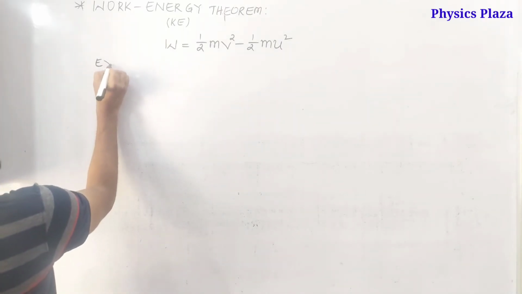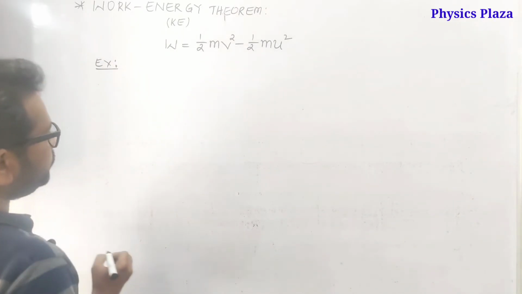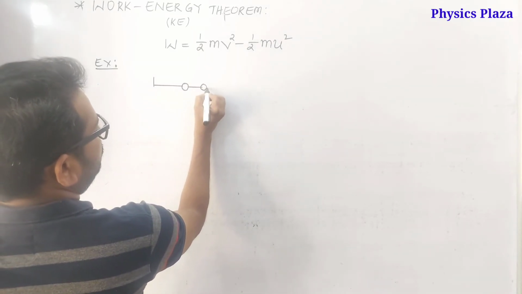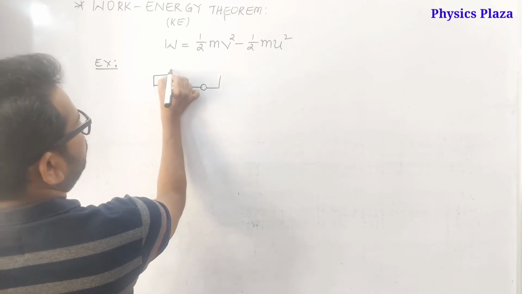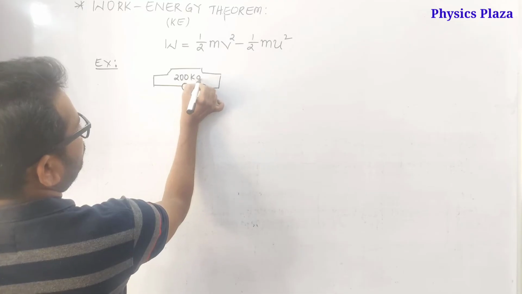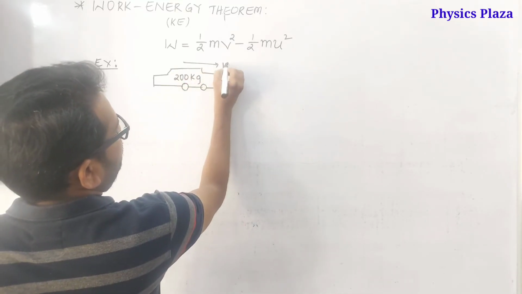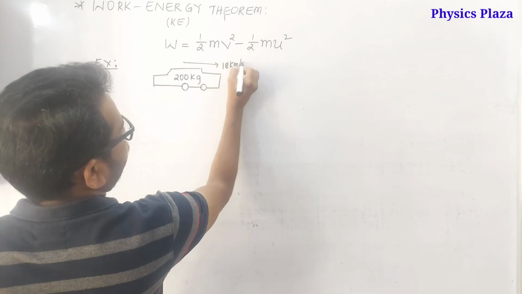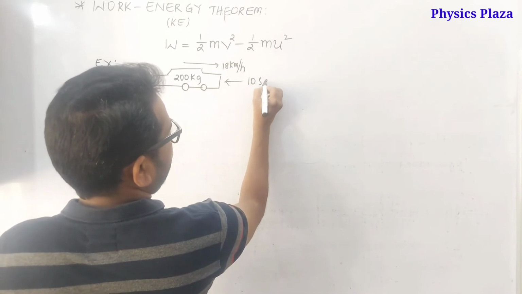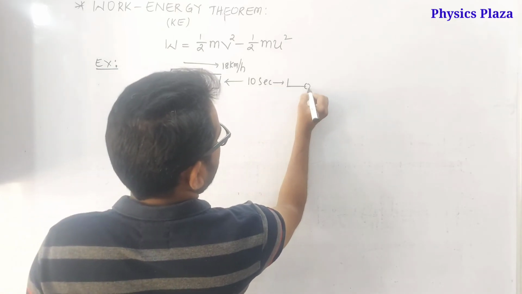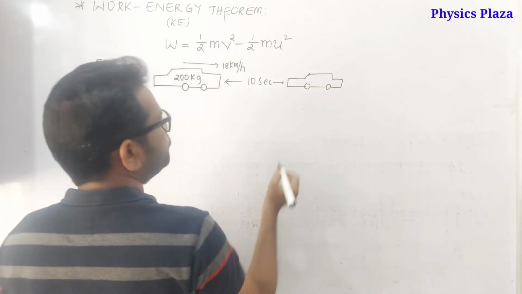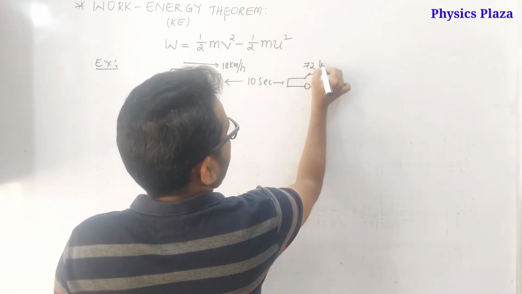Example numerical based on this. Suppose there is a vehicle, a car of mass 200 kg, initially going at 18 km per hour, and after 10 seconds its speed is increased to 72 km per hour.